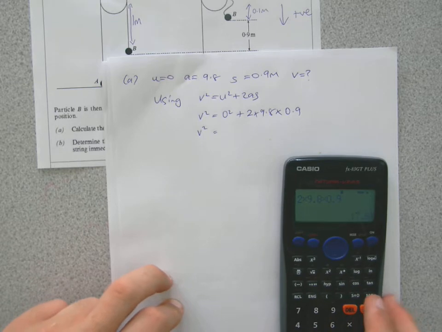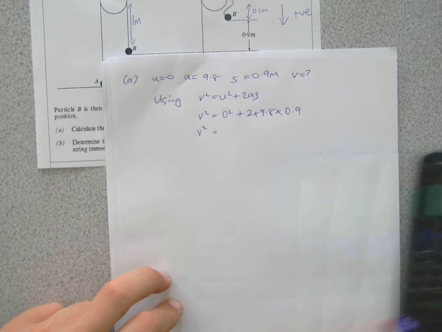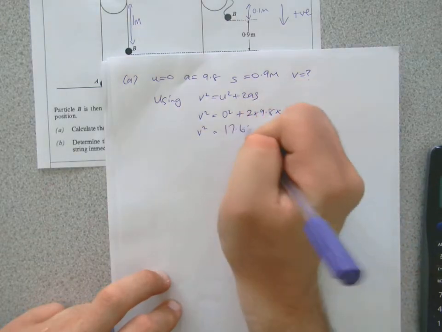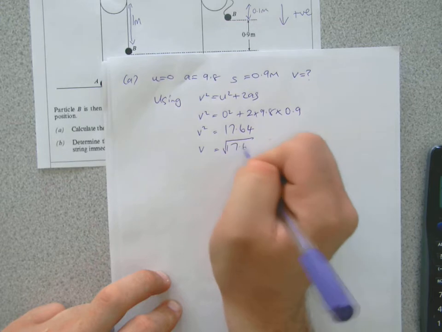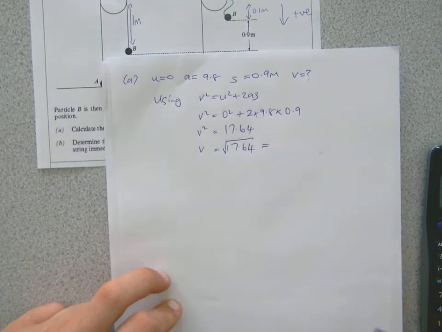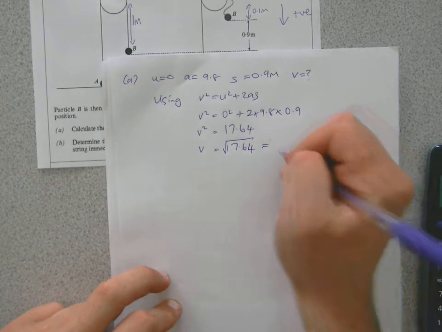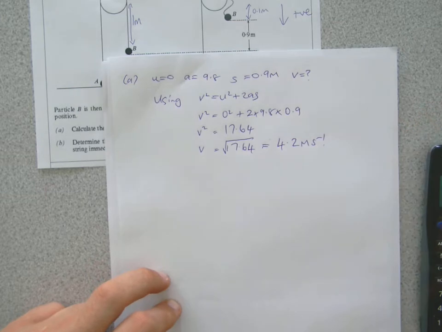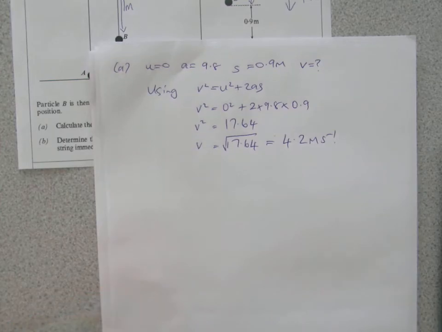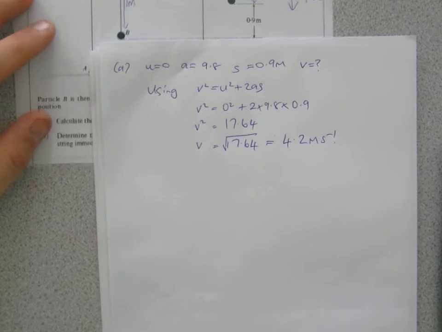We get 17.64. Then to get v, we square root that, and we get 4.2 meters per second. That's the speed it's going to be.